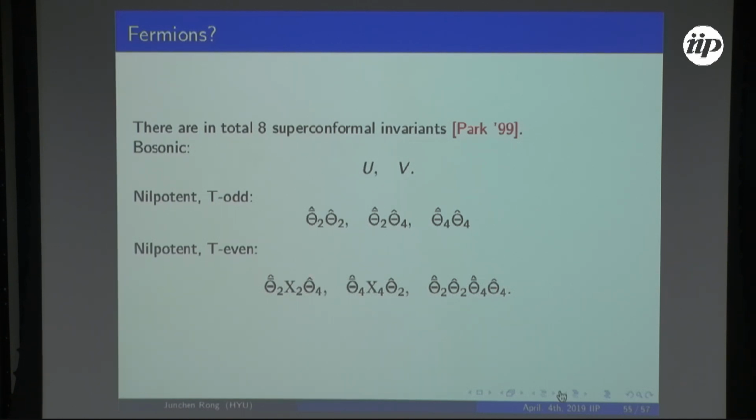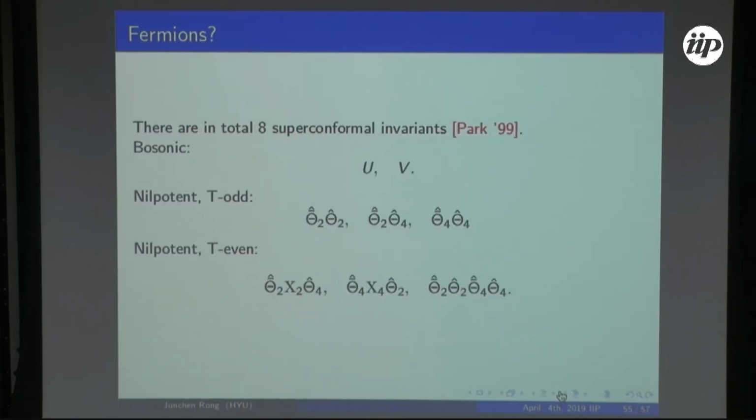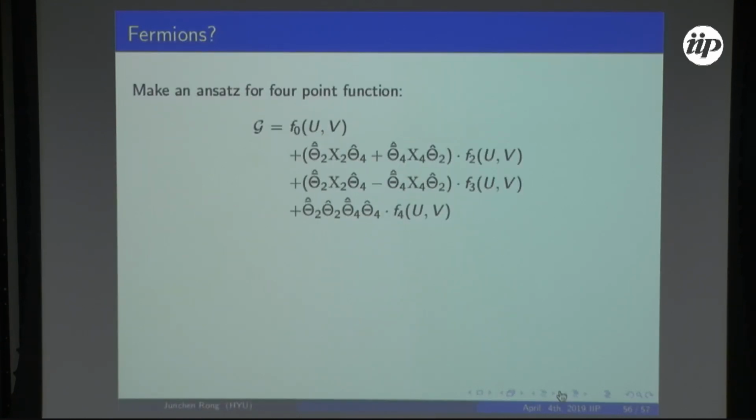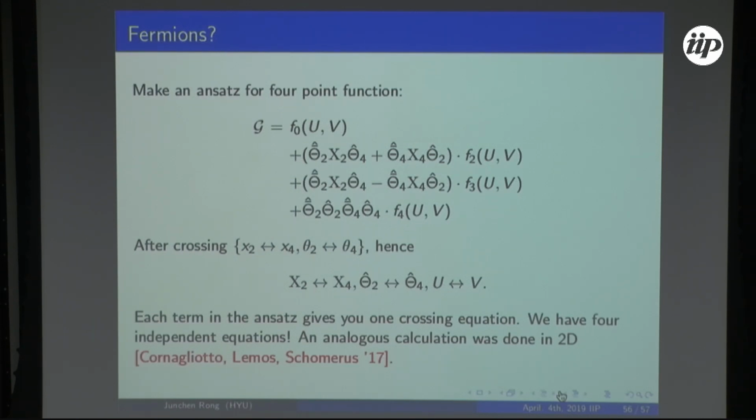If you write an ansatz for your four-point function with this, and simply from this counting, if you just keep the ones that preserve time reversal, it will give you just four equations. Okay, similar stuff was done in this paper. Okay, that's it.